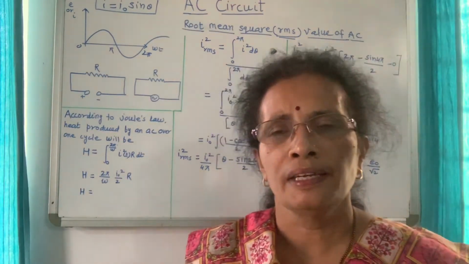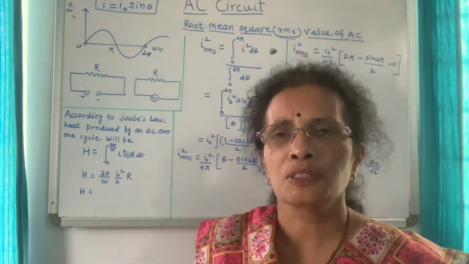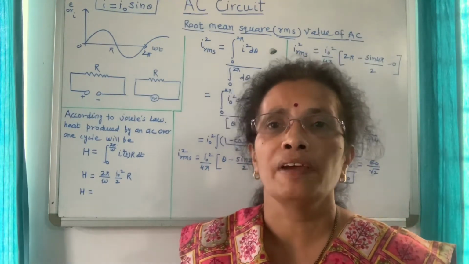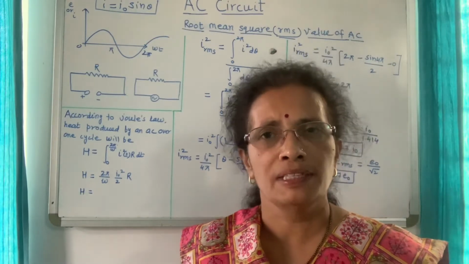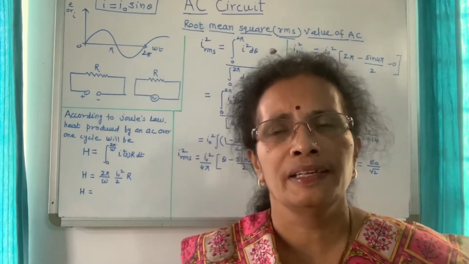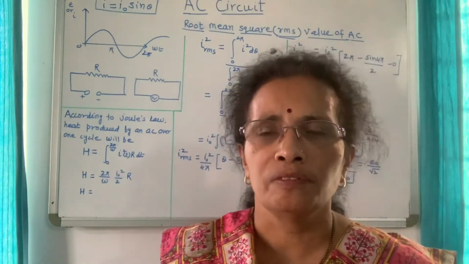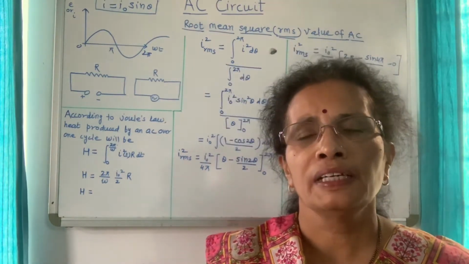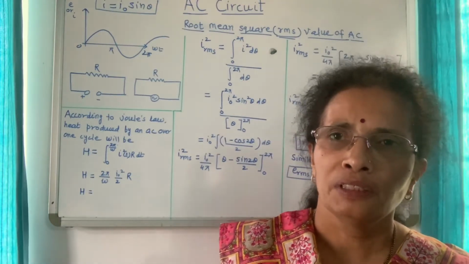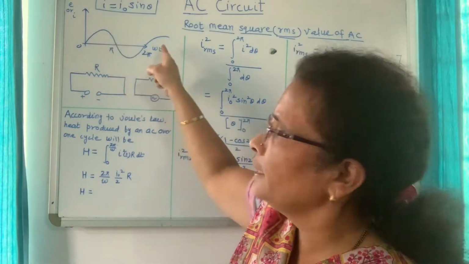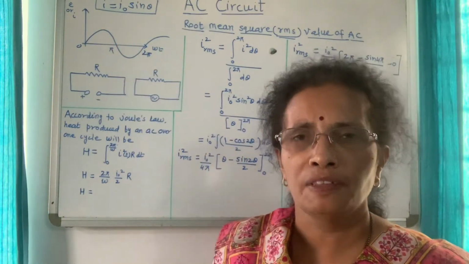According to Joule's heating effect, the heat produced by a resistor is directly proportional to the square of the current. Once again, heat produced by a resistor is directly proportional to the square of the current. The square of the current is always positive. Whether current is positive or negative, its square is always positive.